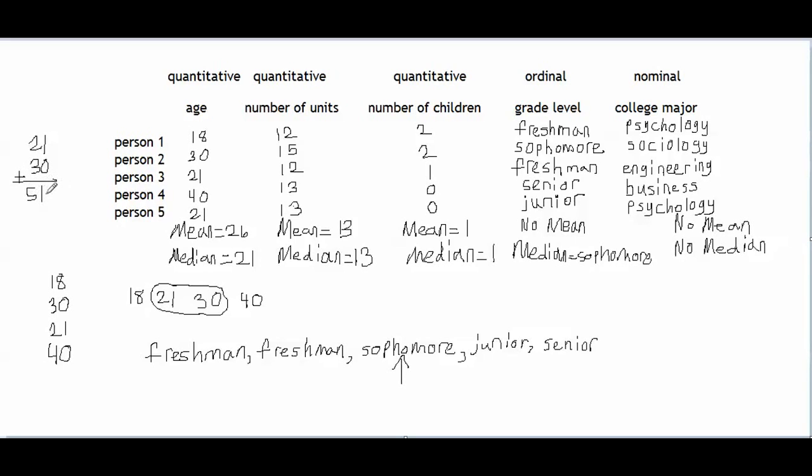And then the mean of the 2 middle values is the median. The median of these 4 numbers down here is 25.5.